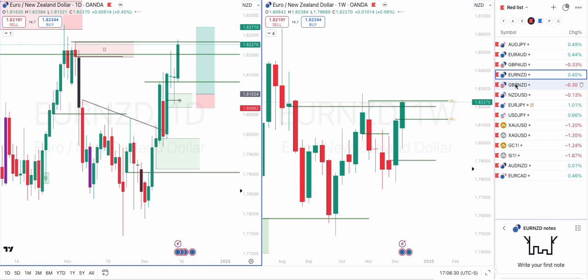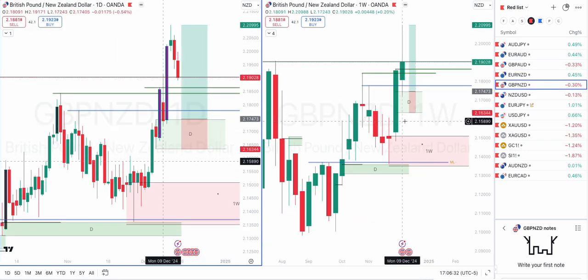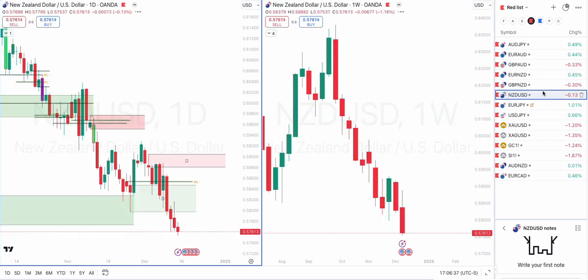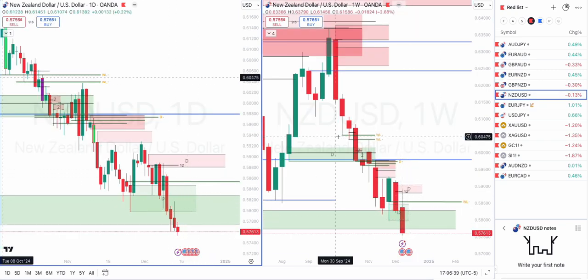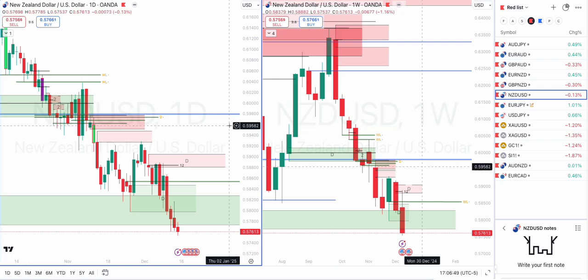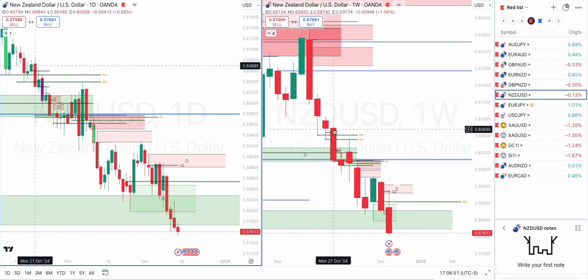Euro, NZD, GBP, NZD, same trade. If you see the beautiful, easy trades, NZDUSD, the trend is damn clear, no doubt about it. Supply is damn clear, no doubt about it. So trend and supply and strong weak currencies.